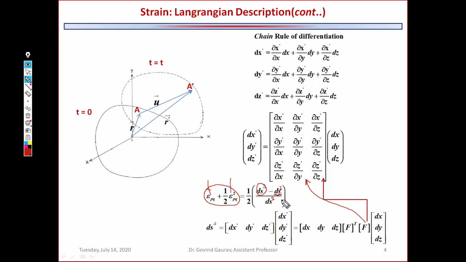So what will be the value of ds square? Ds square will simply be dx dy dz multiplied by dx dy and dz. Why dx dy dz and not prime? Because this is the displacement in terms of the initial configuration.